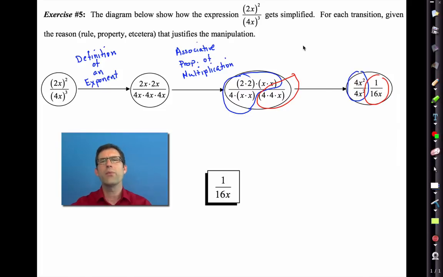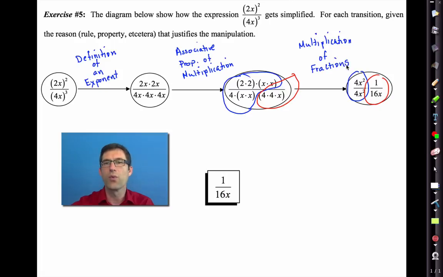Now, what would we say? How would we justify that? And I would justify that by simply saying multiplication of fractions. In other words, that just is the way fractions multiply. Then, of course, eventually that's equal to 1, and we get 1 divided by 16x.